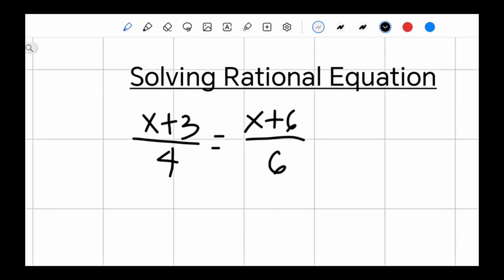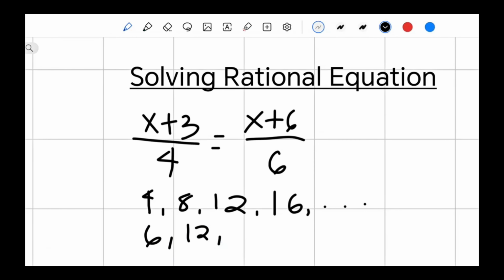So we get the LCD of 4 and 6. The multiples of 4 are 4, 8, 12, 16, and so on. The multiples of 6 are 6, 12, 18, and so on. Okay, as you notice, the least common multiple is 12. So therefore, we will multiply this equation by 12.